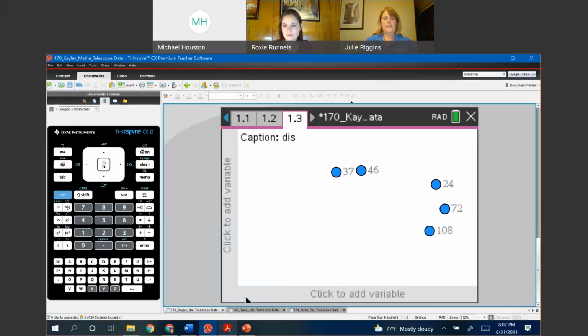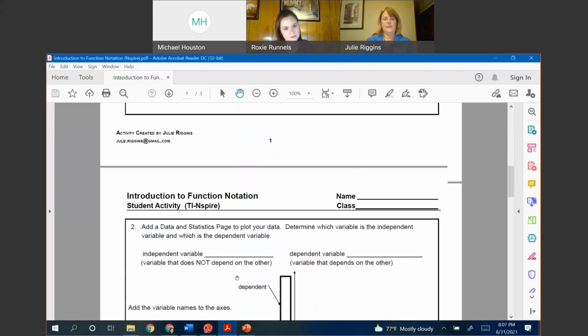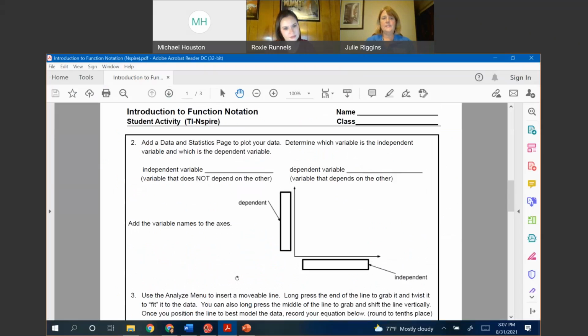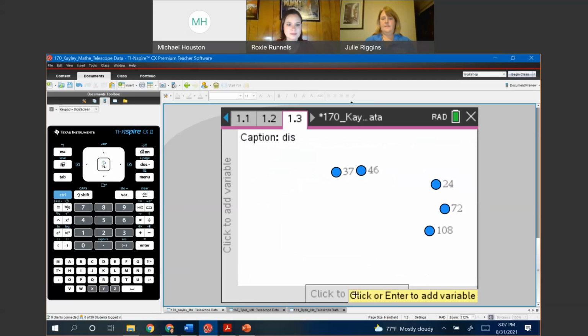Well, the next thing on their handout is where we discuss the idea of independent and dependent variables. Where does the independent variable go? Where does the dependent variable go? Which variable depends on the other? So we have this discussion, and then they can click and add their variables.